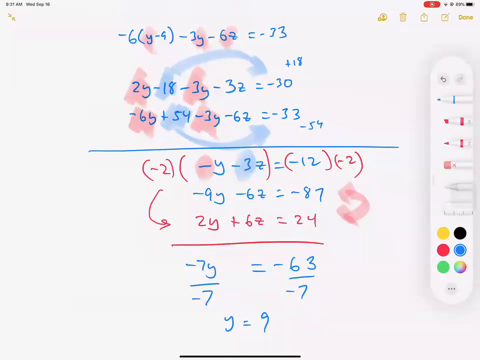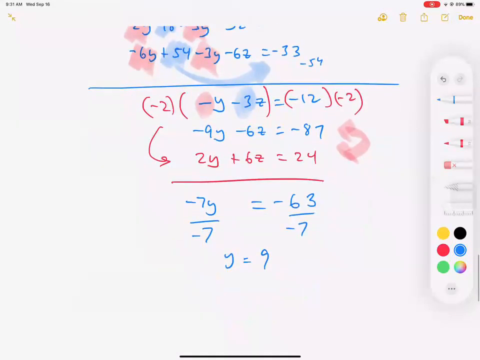Now we could go back and work backwards. Now that we solved for y, remember these equations here? If you solve for y, you can solve for the other variable. So let's use that. Negative y, which is now 9, minus 3z equals negative 12.